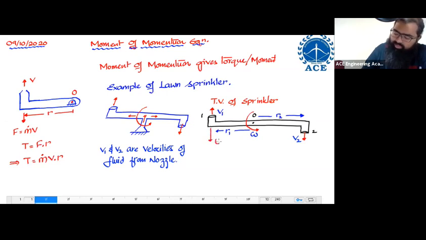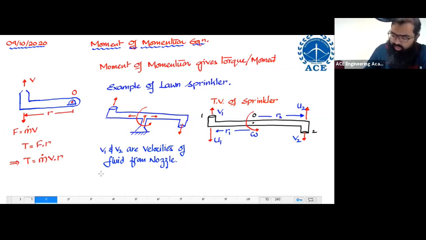I'm going to represent the velocity of the nozzle with the letter U. Suppose U1 is the velocity of nozzle 1. Likewise, over here, the velocity of the nozzle is U2.